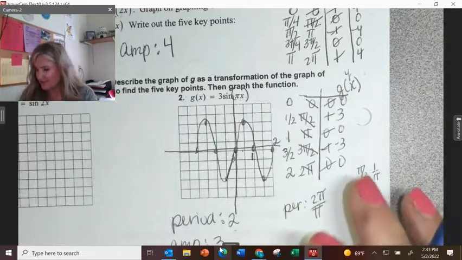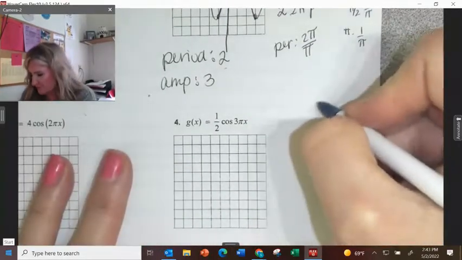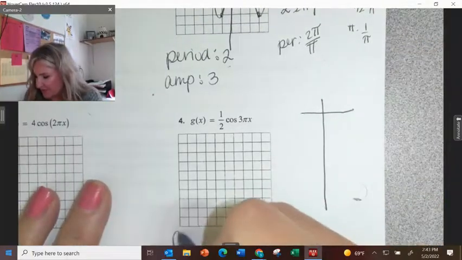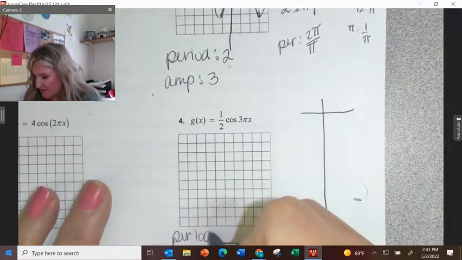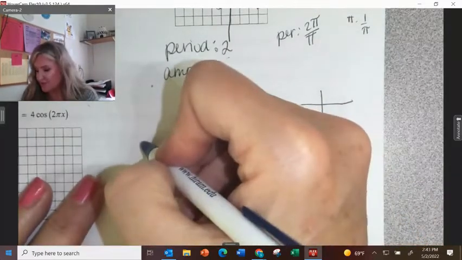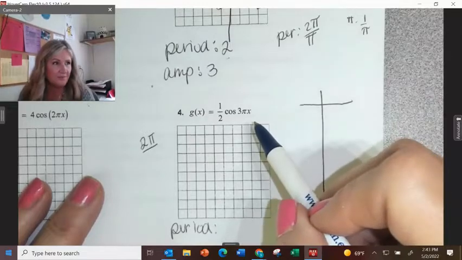Okay, guys, let's do number 4 together now. Let's go in a different order. Let's find the period first. So we're going to have to do 2 pi divided by, what's the b value?